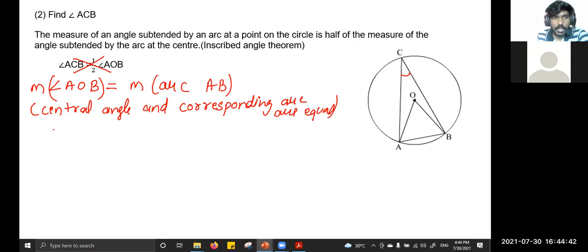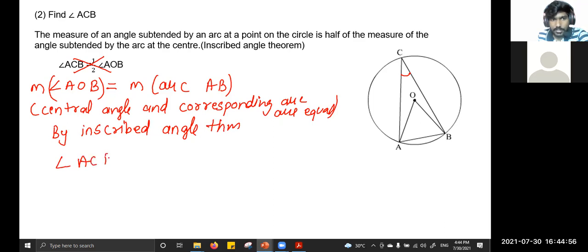And now by the inscribed angle theorem, angle ACB, which is the inscribed angle, will be half of measure arc AB.